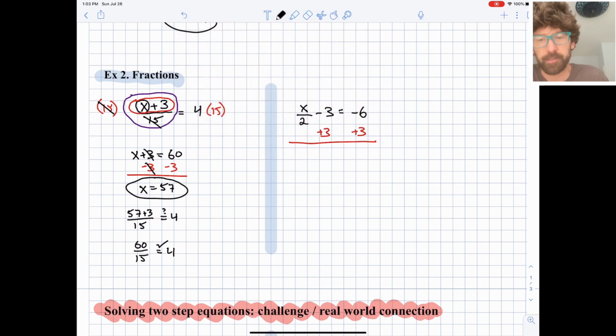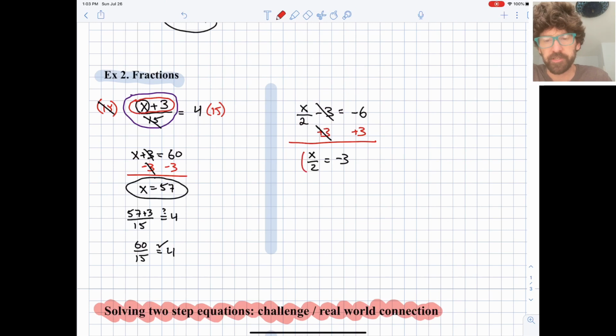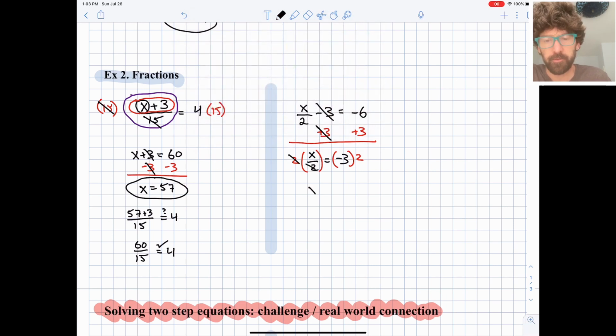And this minus 3 plus 3 cancels out. X divided by 2 is equal to negative 6 plus 3, which is negative 3. Let's deal with the division by 2, and we'll do that by multiplying by 2. And these 2's will cancel. We have x equal to negative 6.